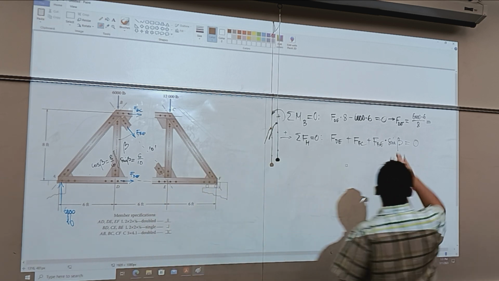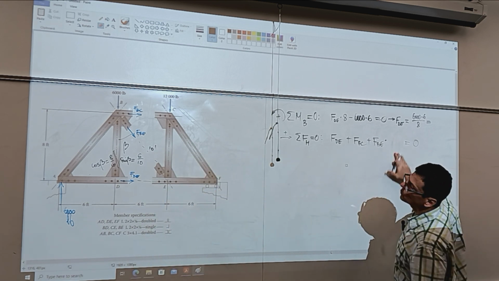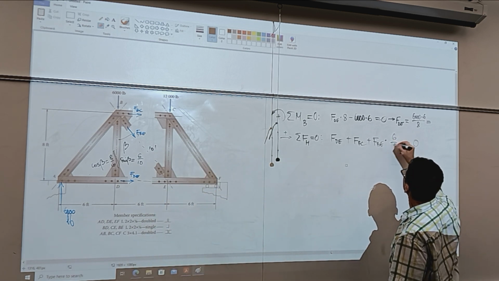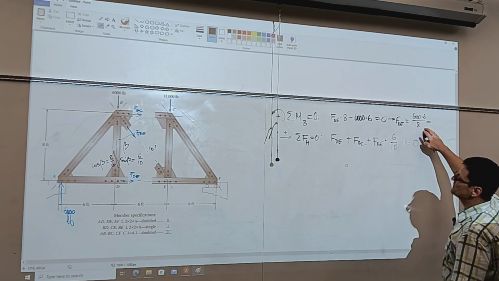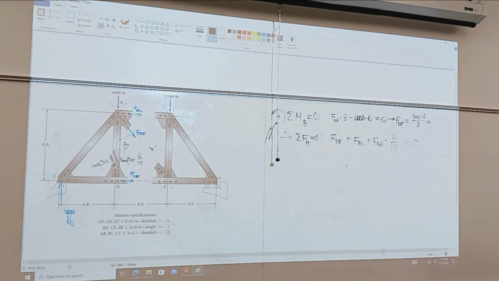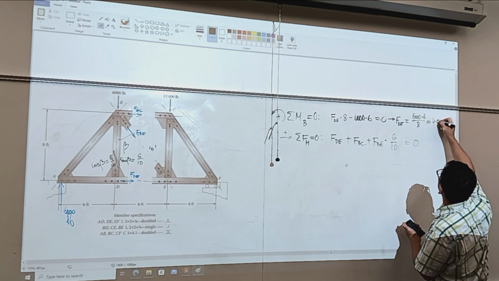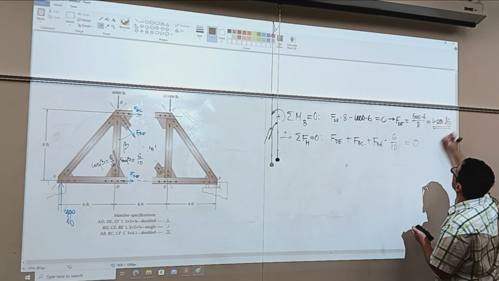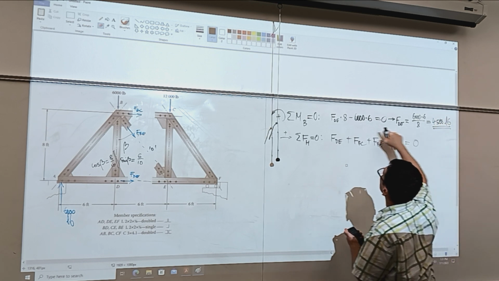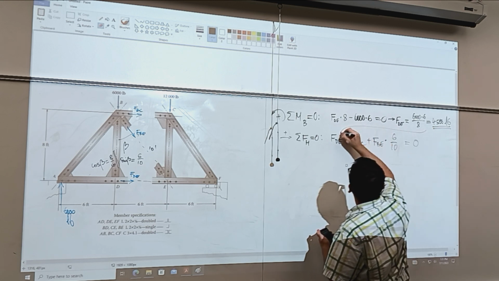All right, so we can replace this with 6 over 10. Let's take care of this. We can put a number on it. 36 over 8 times 1,000. That's 4,500 pounds. And this one goes here.